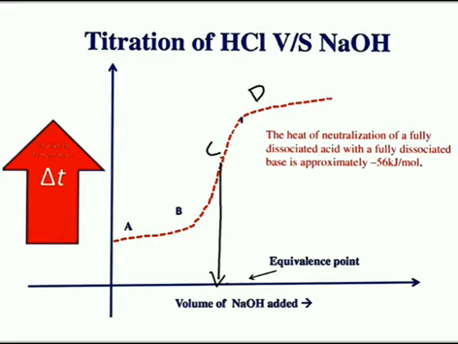So here in the titration between hydrochloric acid and sodium hydroxide, we take a known volume of hydrochloric acid to be estimated in the Dewar flask, and then the titrant, that is sodium hydroxide solution, is added from the burette.